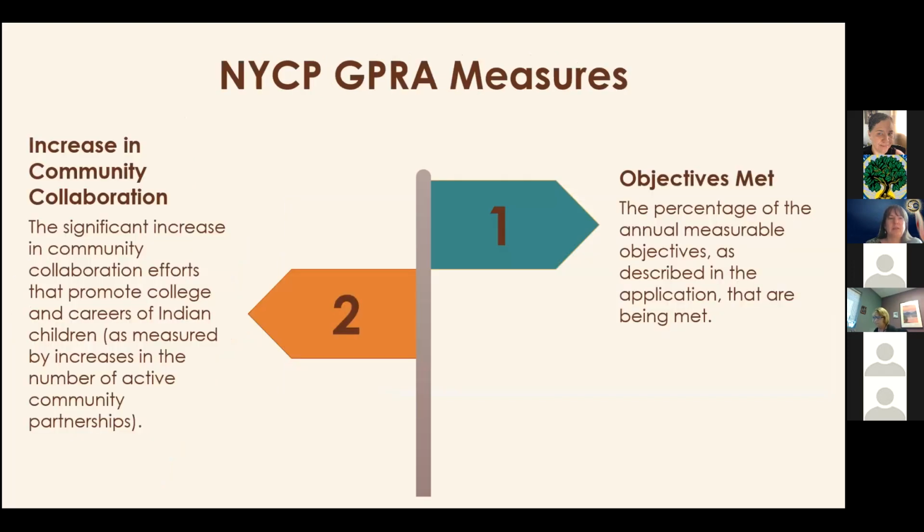So let's talk through the different measures that you're going to put in here, starting with your GPRA measures. These probably look very familiar to you now. Our program has two GPRA measures that are defined by the federal government, and everybody in the cohort reports on these measures.